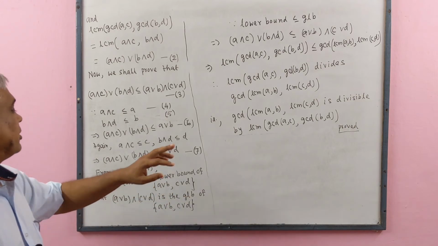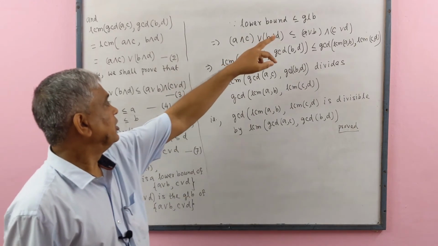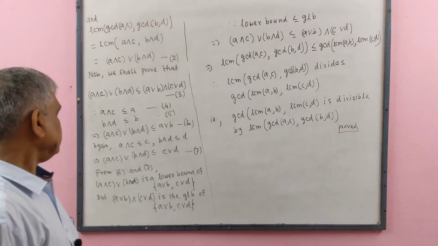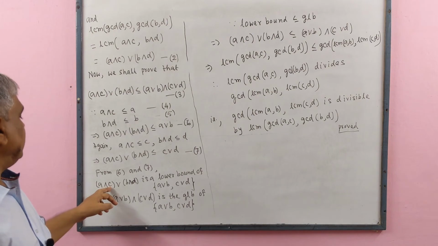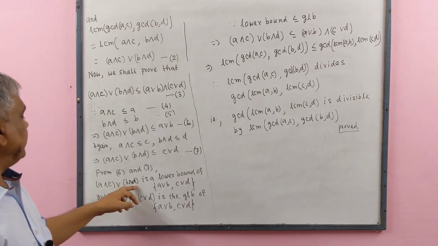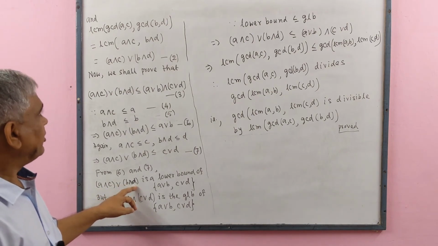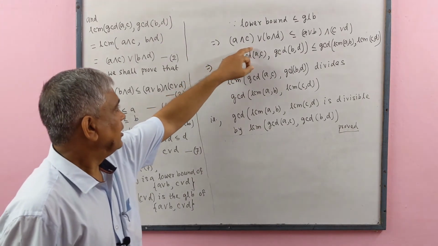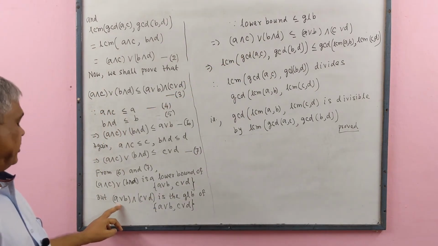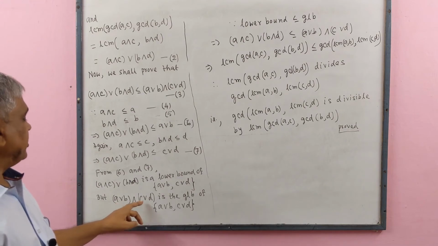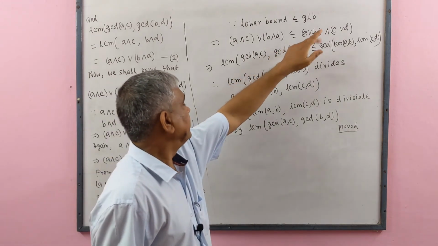We know that a lower bound is less than or equal to the greatest lower bound. So we write A meet C join B meet D, this is the lower bound on the left side, is less than or equal to, we write the greatest lower bound, A join B meet C join D on the right side.